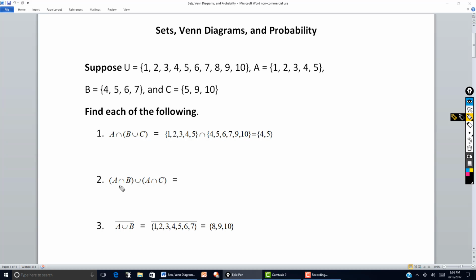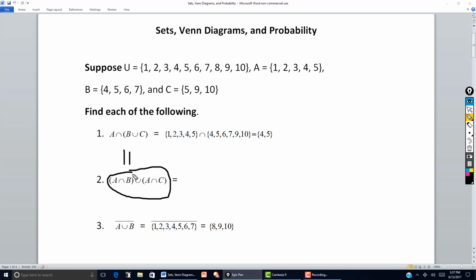Now number 2 states compute or find parentheses A intersect B, union with A intersect C. Well, if you saw the last video, you saw where these two are equal. In other words, distribution of intersection over union. So A intersect parentheses B union C is the same thing as this set right here.